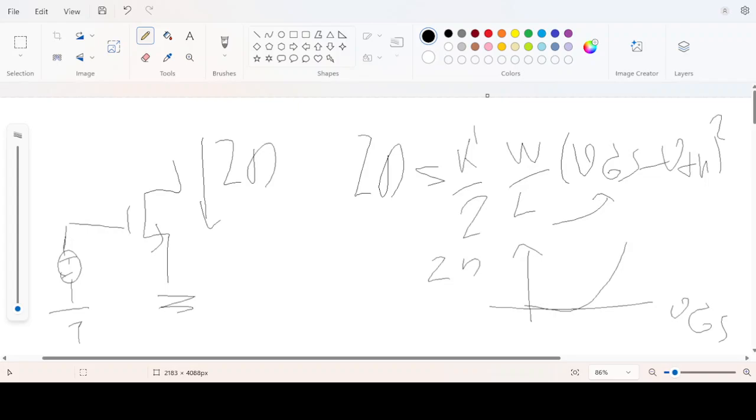In terms of nonlinearity it is not as bad as a bipolar transistor, but still, the relation is nonlinear. And we know the reason for the nonlinearity is the gate source, because with small gate sources we have huge IDs, we have huge currents.